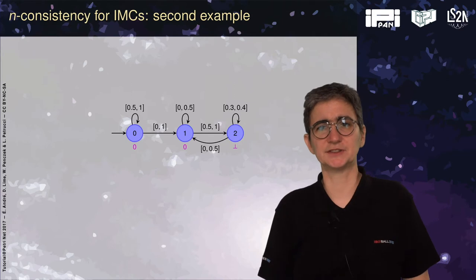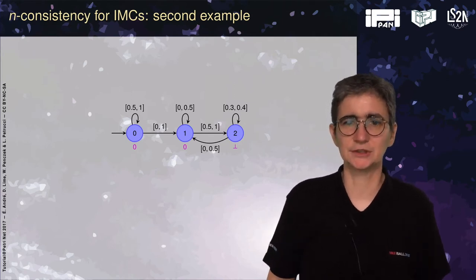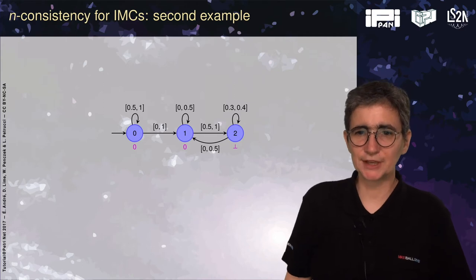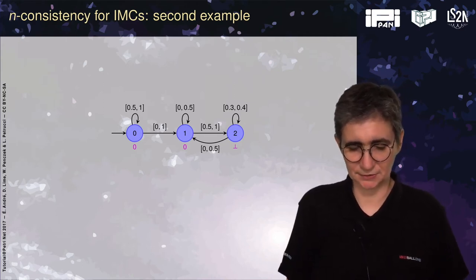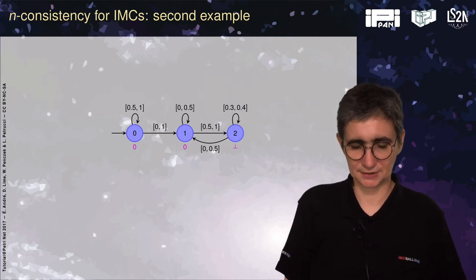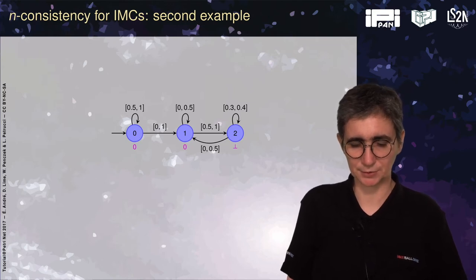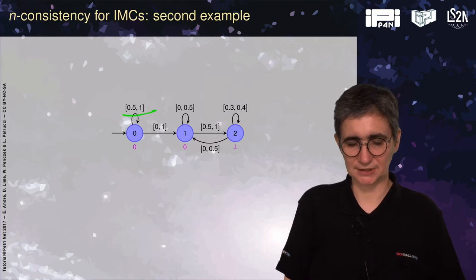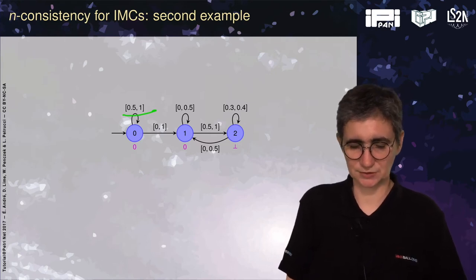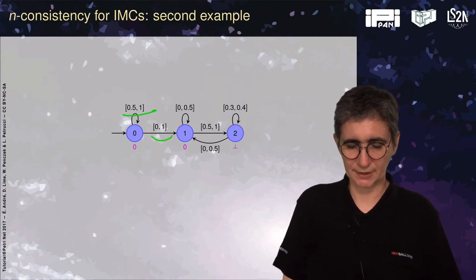Let us now address the second example, which is a little different. So here we have a state 0 with two transitions exiting state 0, a self loop with a probability 0.51, and a transition going to state 1 with a probability between 0 and 1.